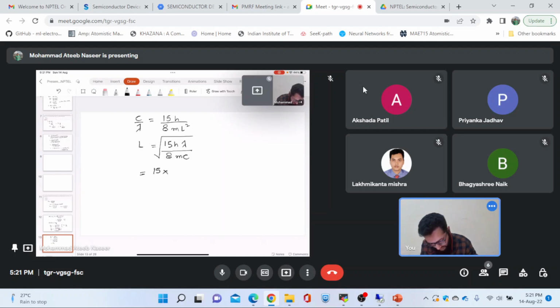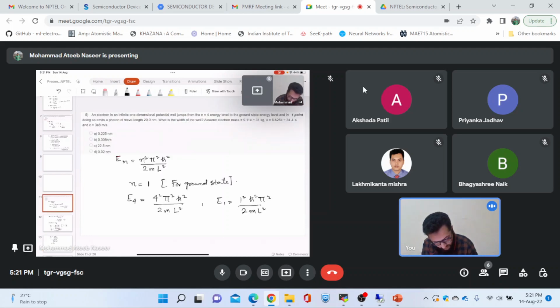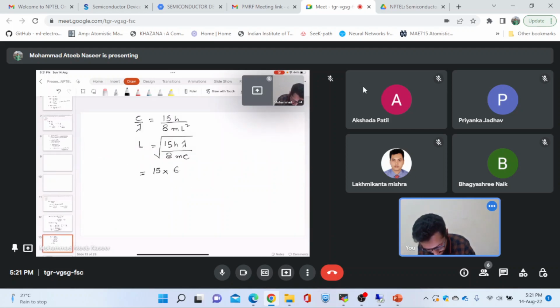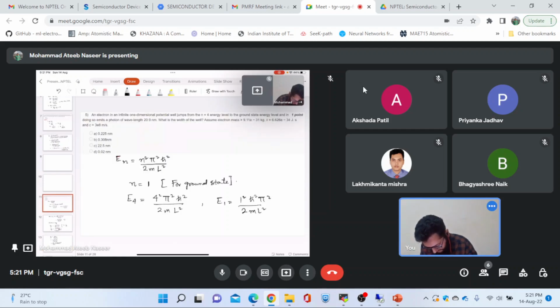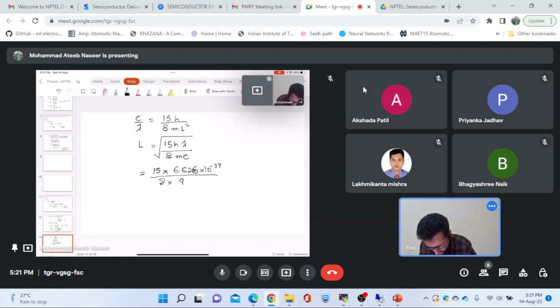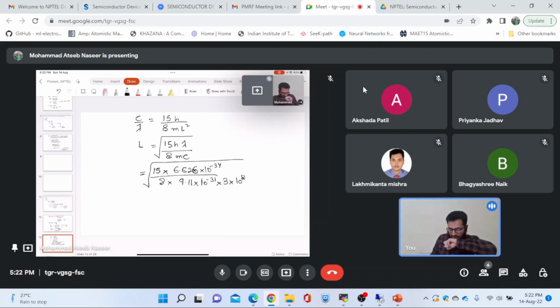This will be 15 into the value of h, 6.626 into 10 raised to power minus 34 joule second, and 8 into 9.11 into 10 raised to power minus 31 into the velocity of light, 3 into 10 raised to power 8, and all this will be under the square root.